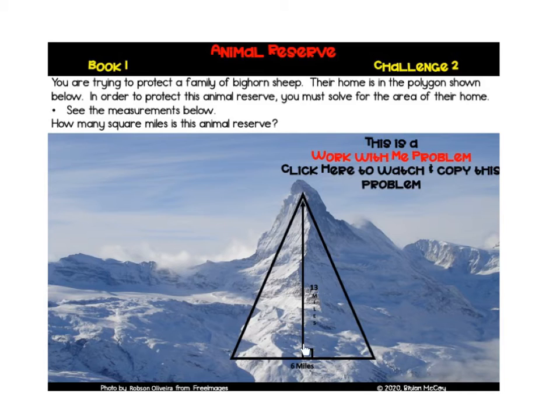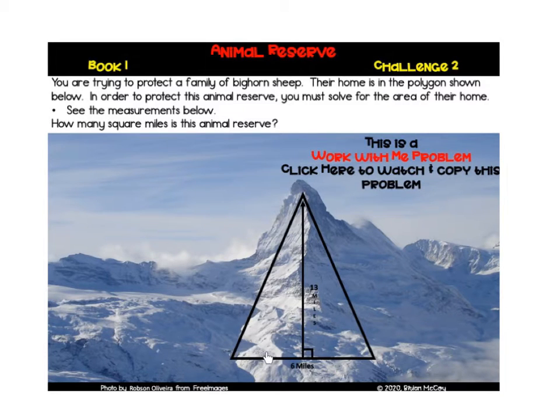What you do use is a right angle line from the base, and this box means that it is a right angle from the base coming up, because that will give you your true height. In this case, we have 13 miles for the height.